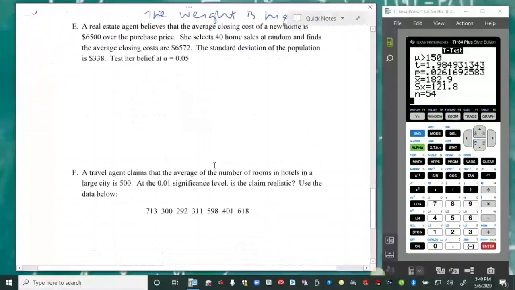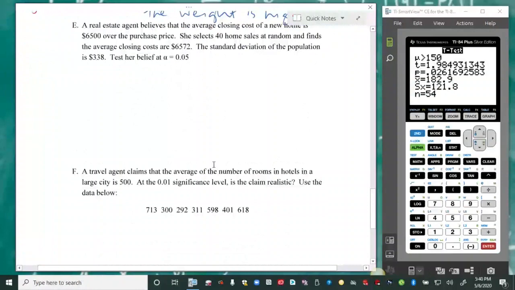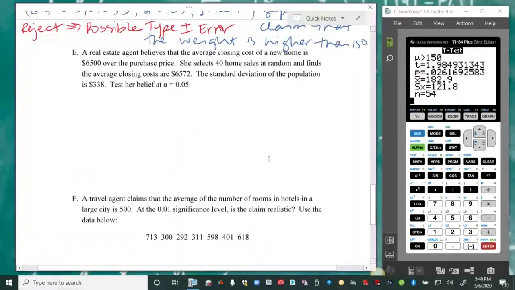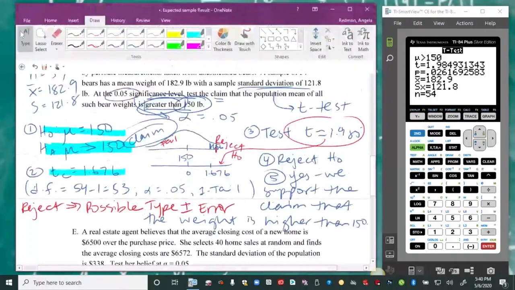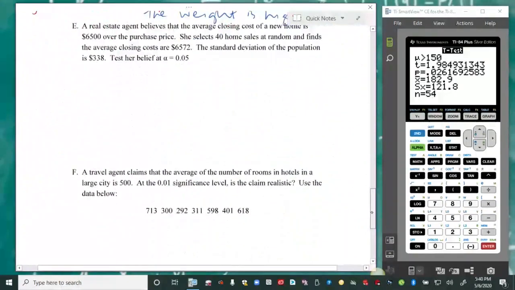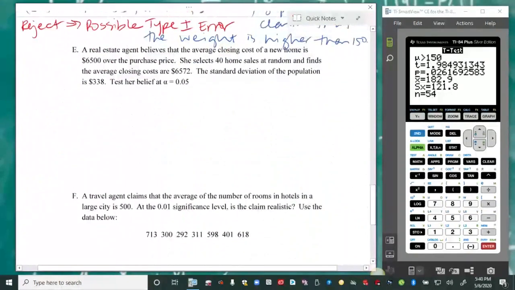So in E, we've got a real estate agent who believes that the average cost of a new home is $6,500 over the purchase price. She selects 40 home sales, so N is equal to 40.